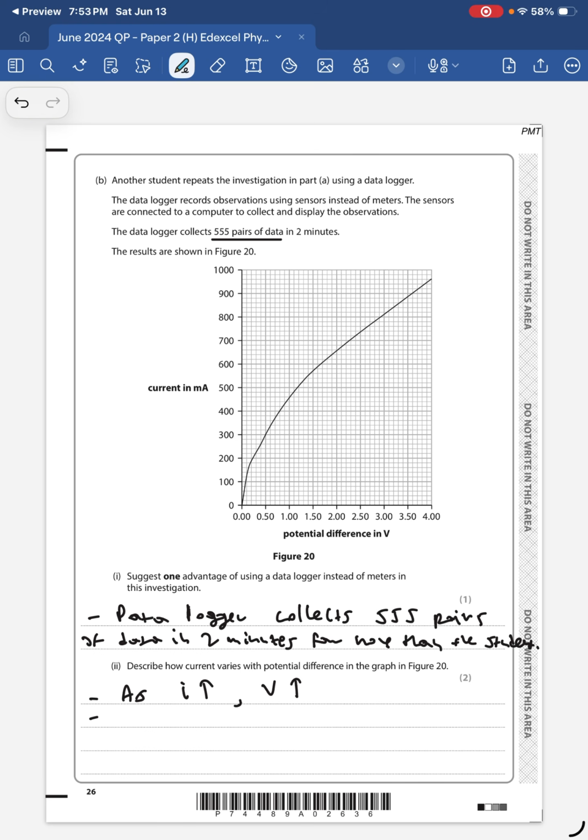So the relationship is non-linear. Okay, the graph is a curve, not a straight line.